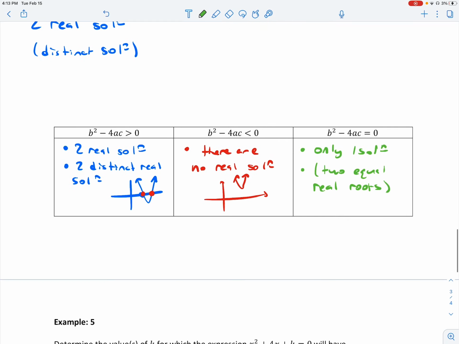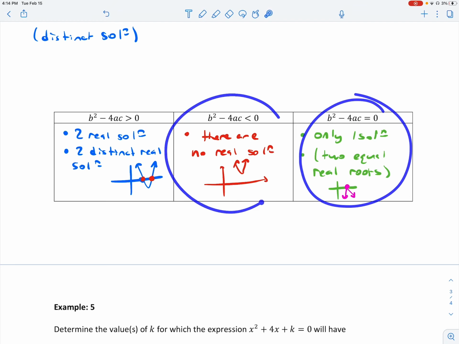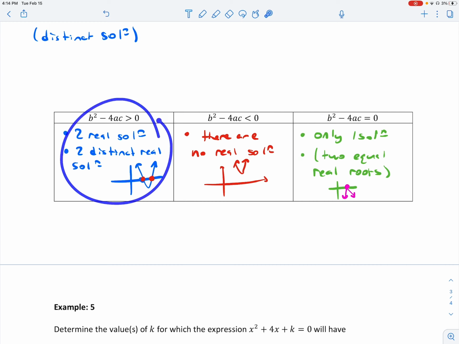So the reason why it's two equal real roots is because the parabola must have the vertex right on the x-intercept. So the solutions are actually repeated. All right. So that is for that. So you can either have one solution for this case, no solutions for this case, and two solutions for this case.